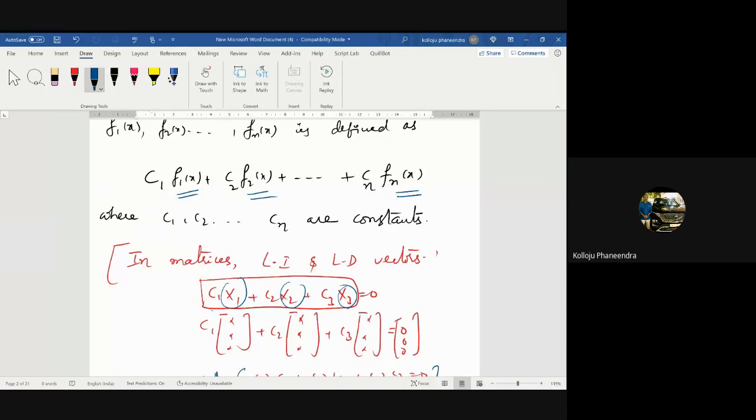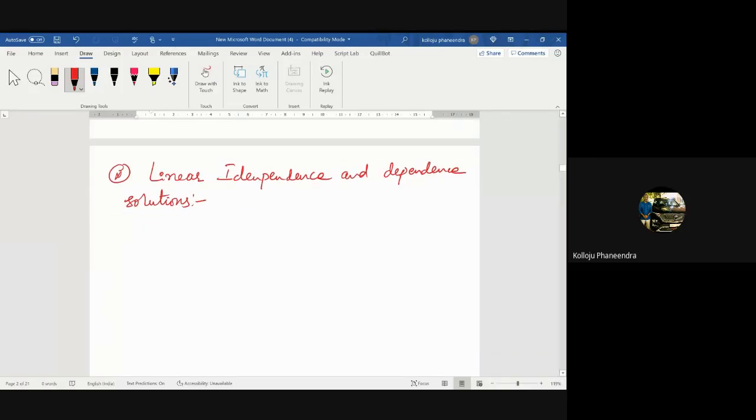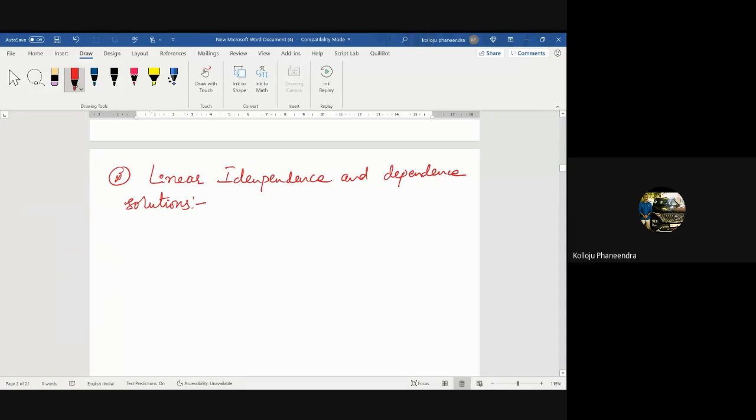I will give both definitions simultaneously: linearly independent and dependent solutions. Now consider the linear combination of n solutions.